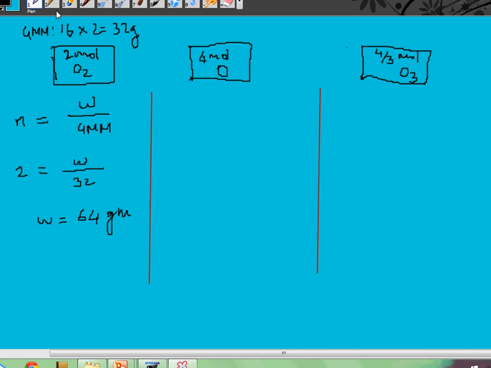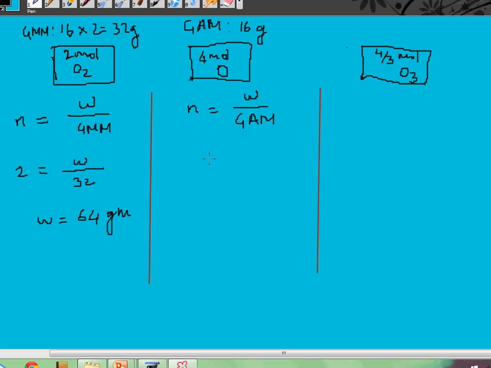In the second part, you have 4 mole of oxygen atom. So you have atoms this time. So what you will use is number of moles of atoms is again equal to given mass divided by gram atomic mass. Okay, and gram atomic mass of oxygen, you already know, is 16 gram.